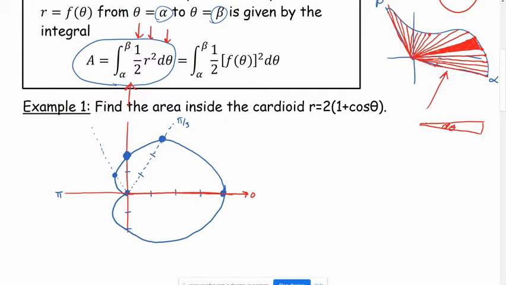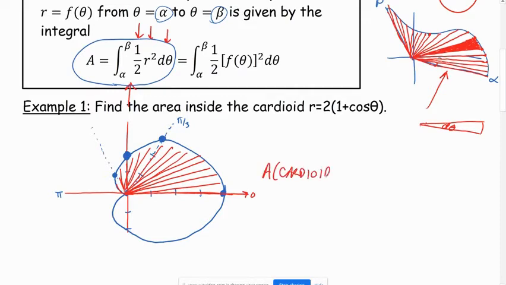And so if I start at 0 and I just start sweeping out radii from the pole to the curve, we're adding up all of these sectors. And so that's going to end when I'm at pi, and that'll fill in half of our cardioid, and then we'll just double it. Okay, so the area of the cardioid is going to be 2 times the integral from 0 to pi of 1/2 r squared, where r is 2 times 1 plus cosine theta, squared, d theta.